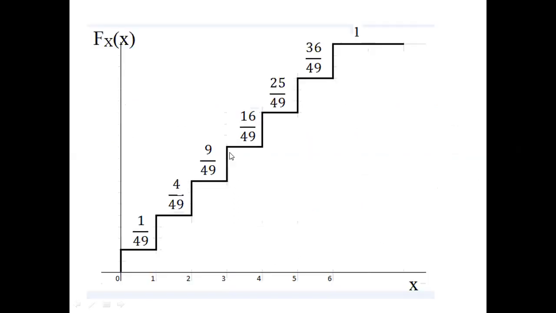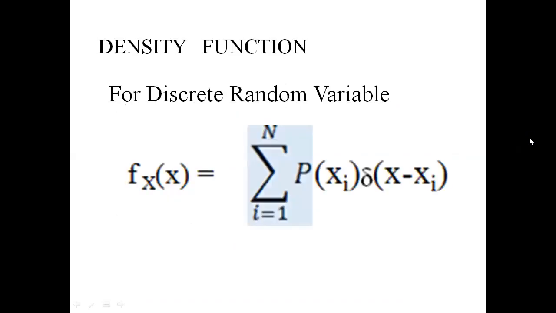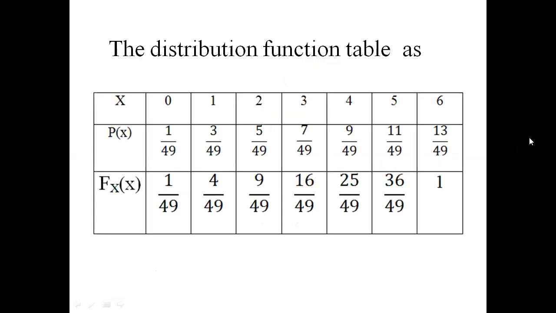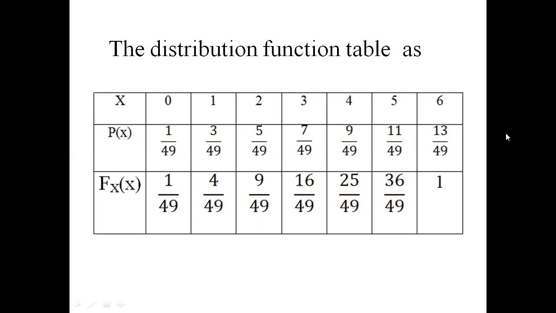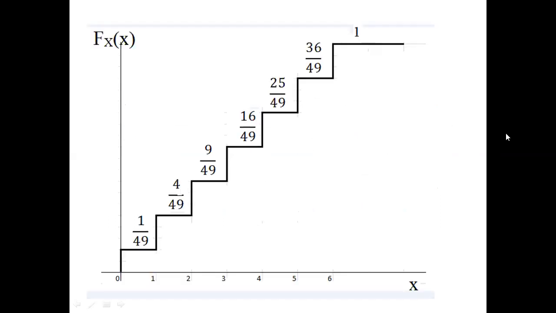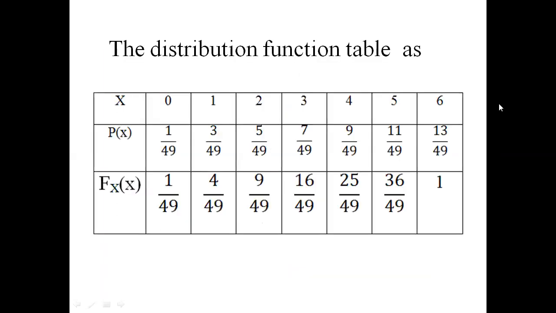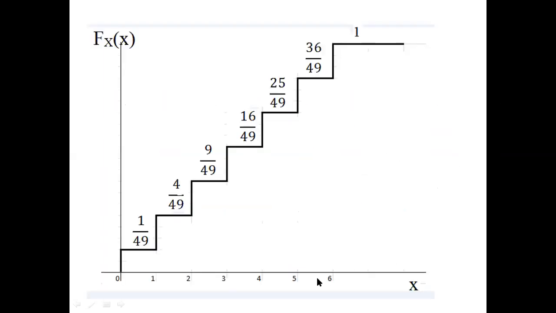At 3, the distribution function is 16 by 49. At 4, the distribution function is 25 by 49. At 5, 36 by 49. At 6, 1. At 6, the distribution function becomes 1. In this way, we draw the plot for the distribution function.